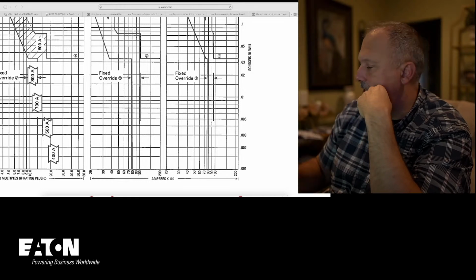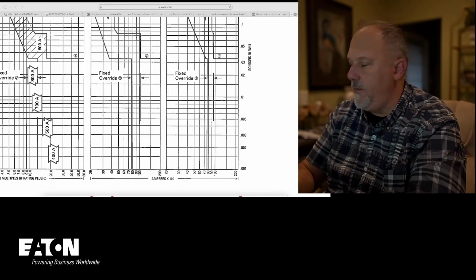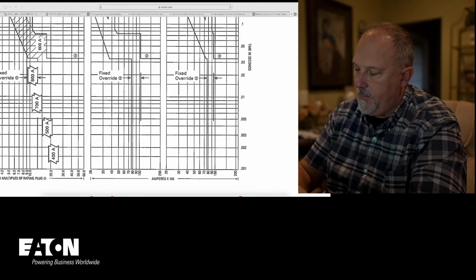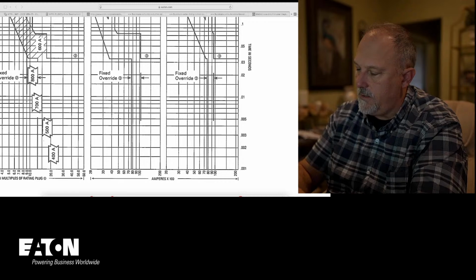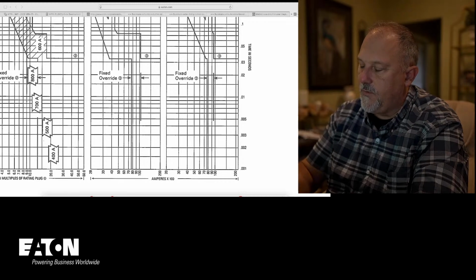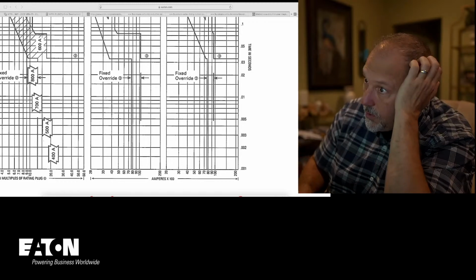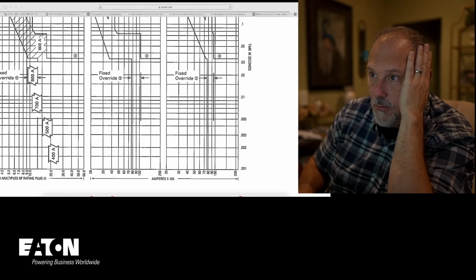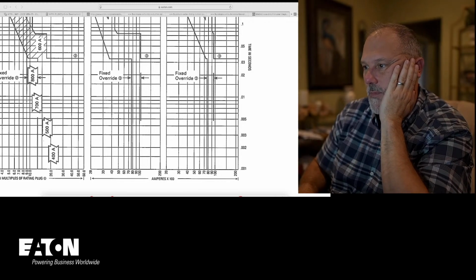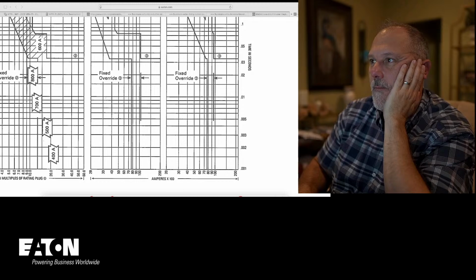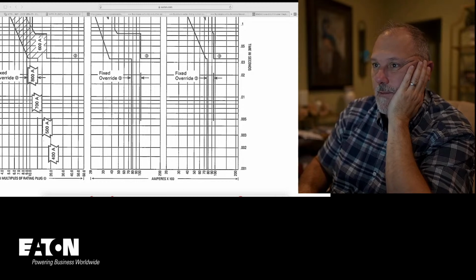Because the 9,247, so 9,247 times 208 divided by 480 is 4,000 amps. So at this value, my clearing time at 4,000 amps would be 0.3.